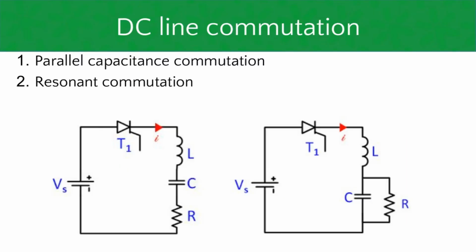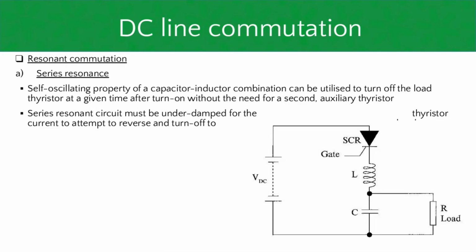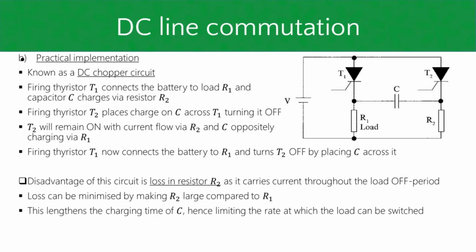All right, so I'm just going to quickly go through the slide. We still have DC line commutation to look at. This is quite a lot of reading. The practical implementation for DC line commutation is usually going to take the form of what we call a DC chopper circuit, which is a form of DC to DC conversion or DC to DC supply.